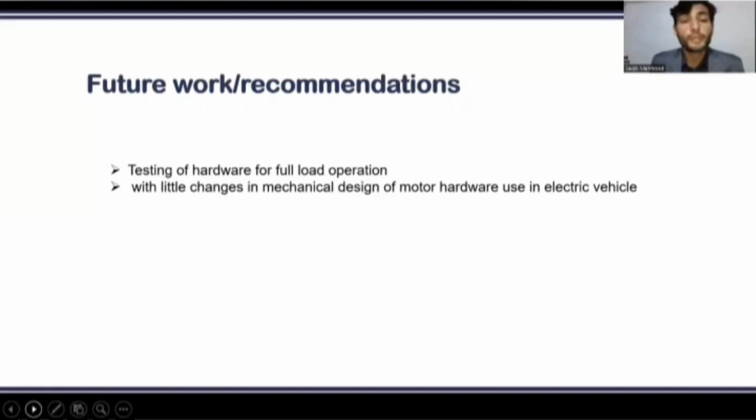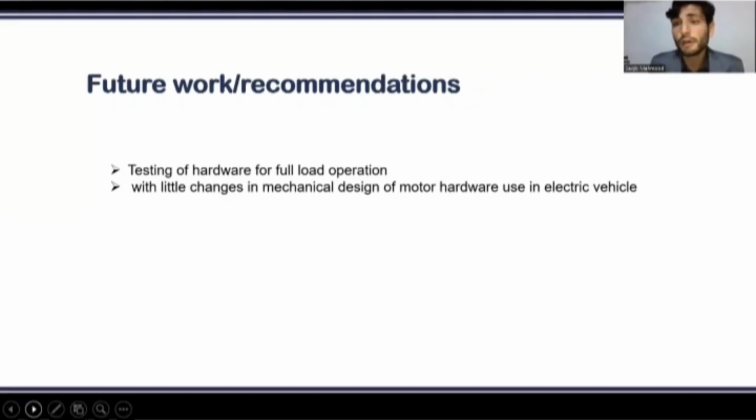So what is the future work or recommendation? We have tested this model, as I showed in the video, for the no load operation. In future the hardware can be tested for the full load operation, and its voltage, torque, speed and current can be calculated, with some mechanical changes.